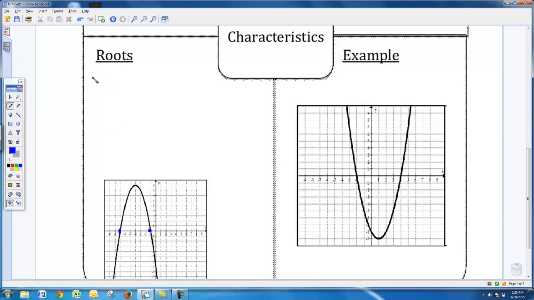Okay, so roots are where the graph of the parabola crosses the x-axis.